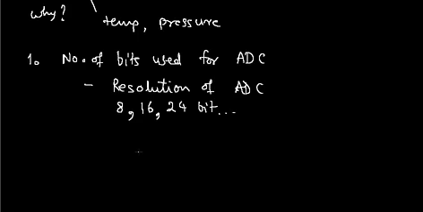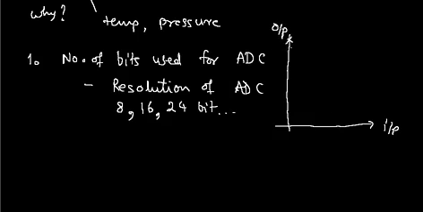So, what does it mean for us? Why do we think of this? Suppose we have 8-bit resolution. If I try to plot, say, input versus output of the A to D converter, for 0 input the output digital will be all zeros.